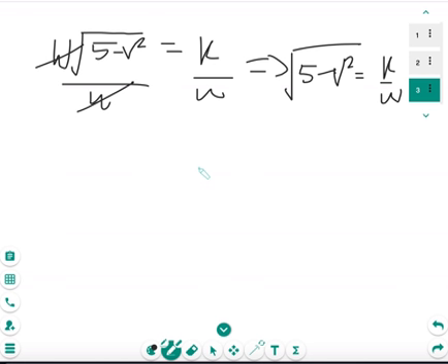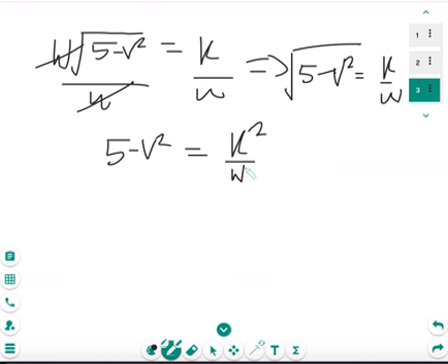So what do you do? Square both sides. Then you get 5 minus V squared is equal to what? K squared over W squared.